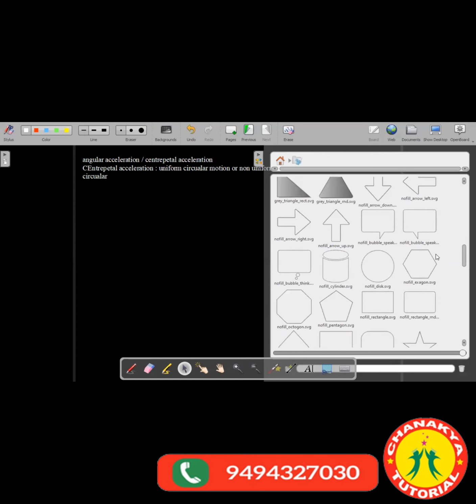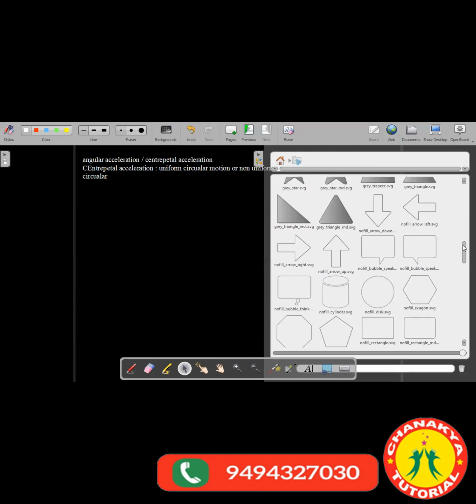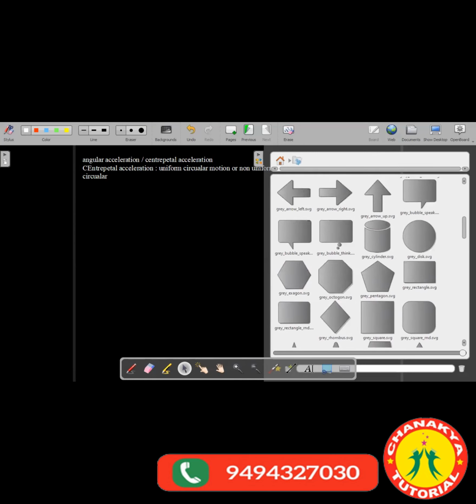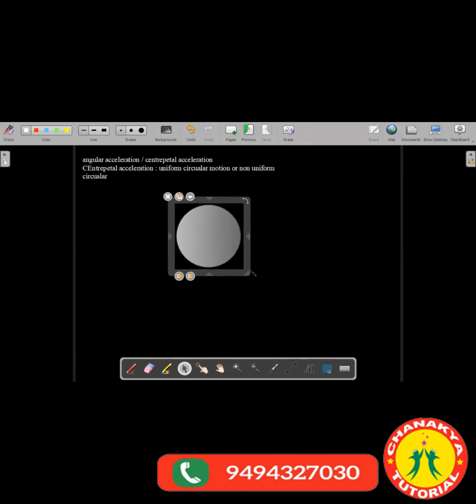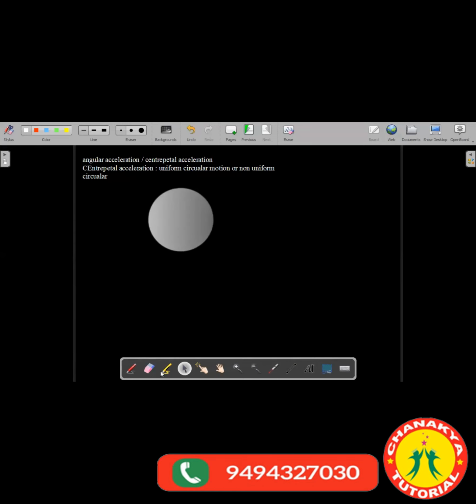So you have an object moving in a circular path with uniform circular motion. That means its speed is constant, that is, the magnitude of velocity is constant.